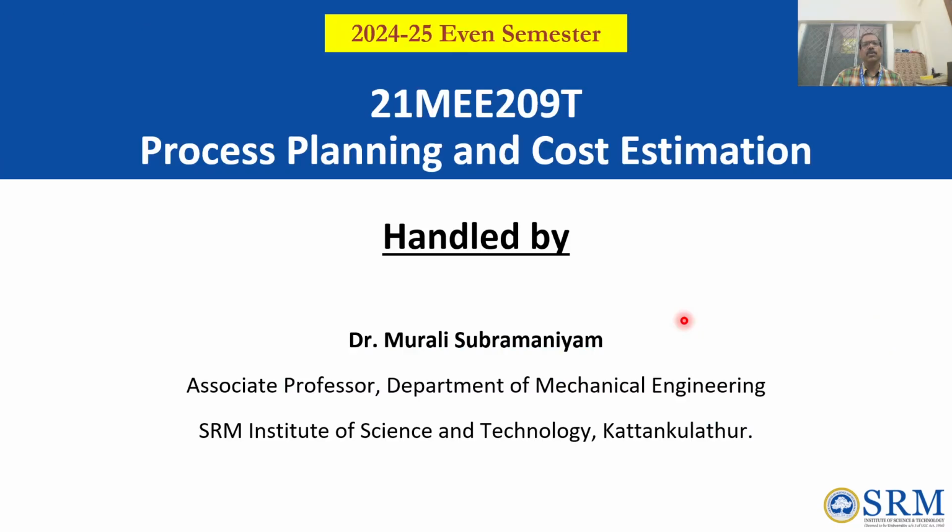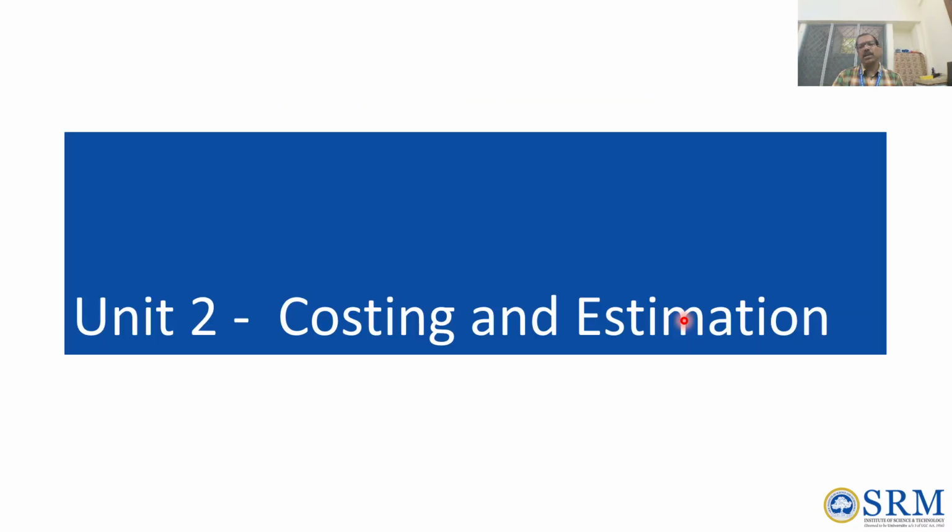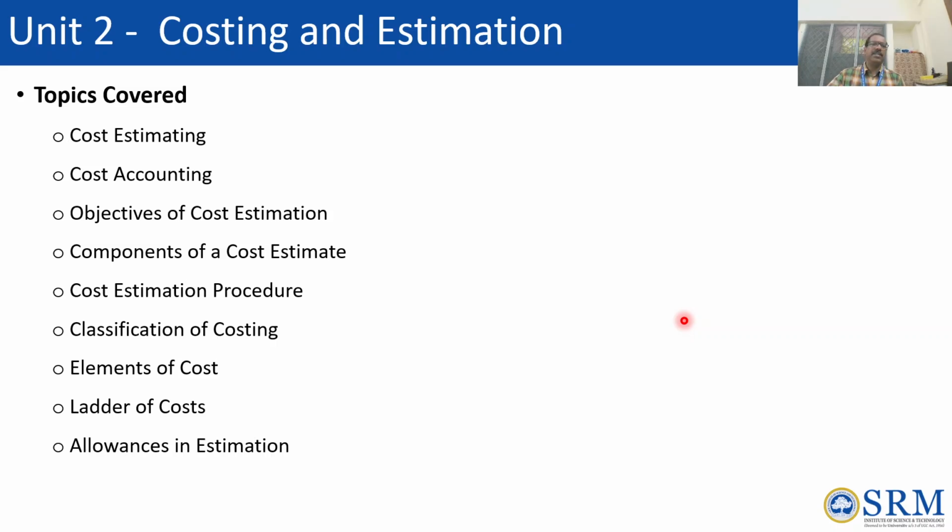So I hope you understood about costing and cost estimation. We discussed mostly cost estimation, and the last topic was also cost estimation related, like allowances in costing. Then we discussed elements of cost and classification of cost, the difference between costing and cost accounting, or cost estimation, and all.